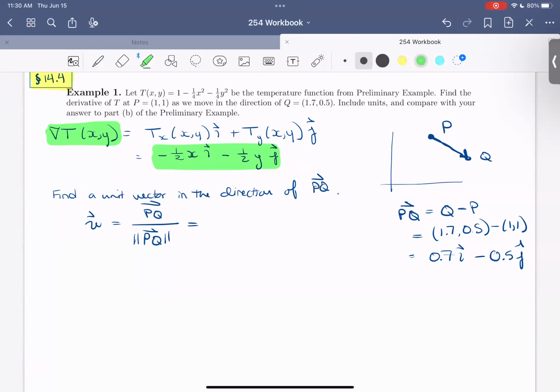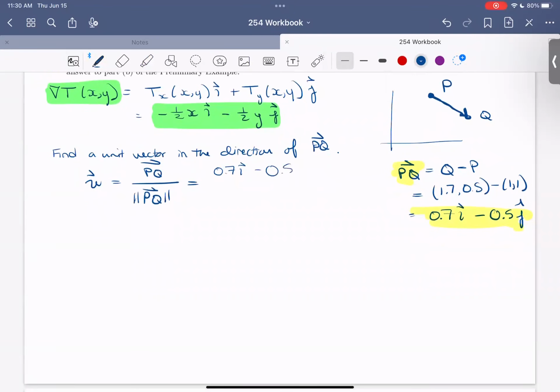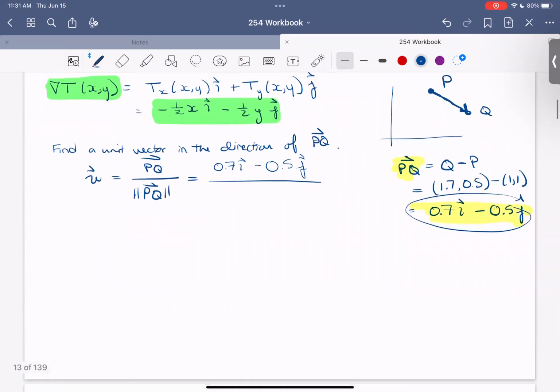So in our numerator here, we'll have 0.7 i minus 0.5 j. And then we're going to divide by the length of PQ, which is the length of this vector. That would be the square root of 0.7 squared plus negative 0.5 squared.